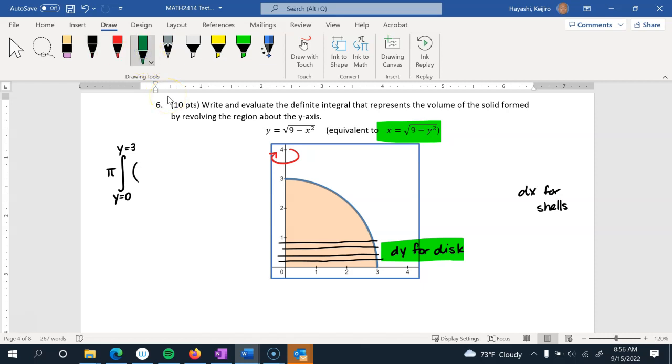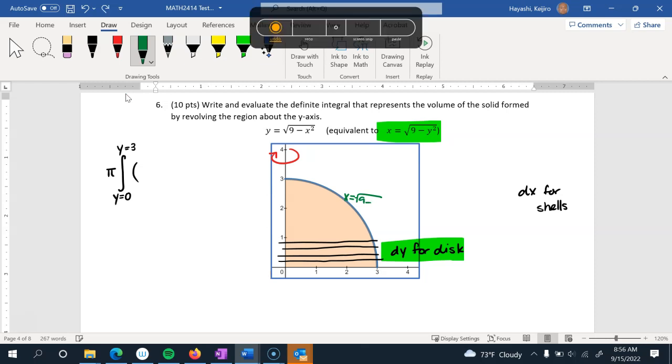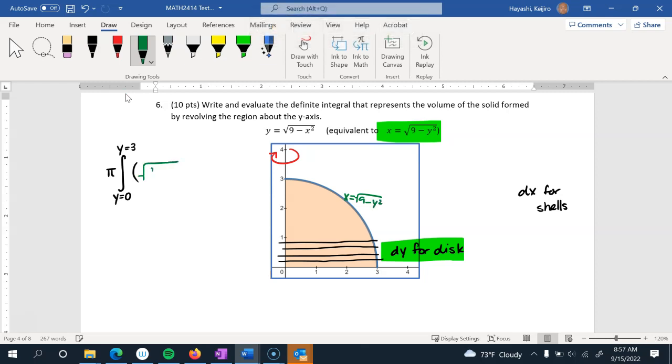And if you're taking these slices and rotating them around the y-axis to make these thin little disks, well, then the radius is simply this curve, the square root of 9 minus y squared.